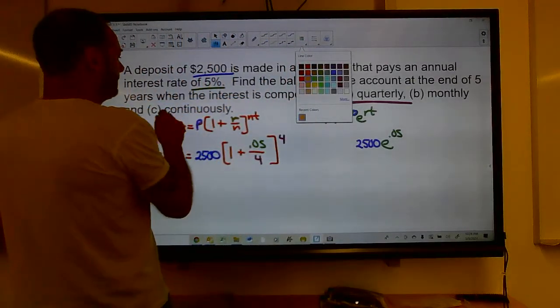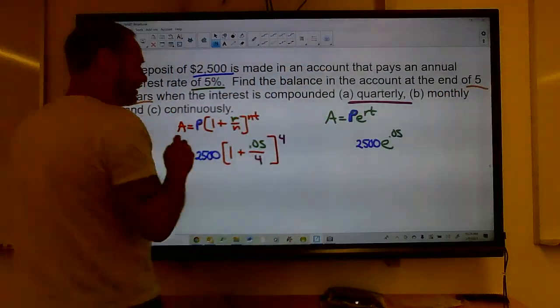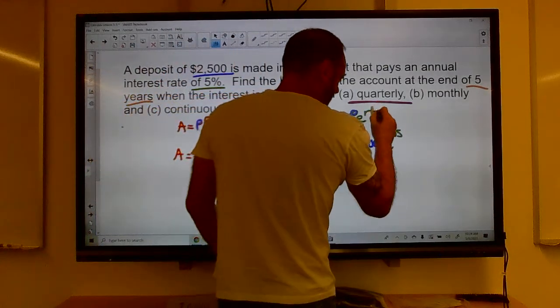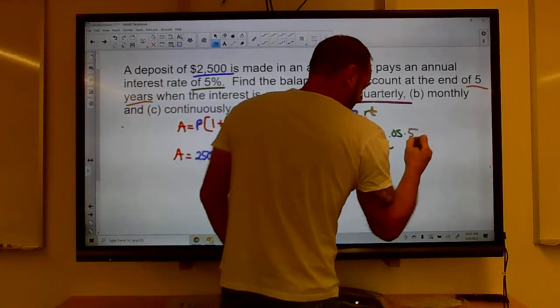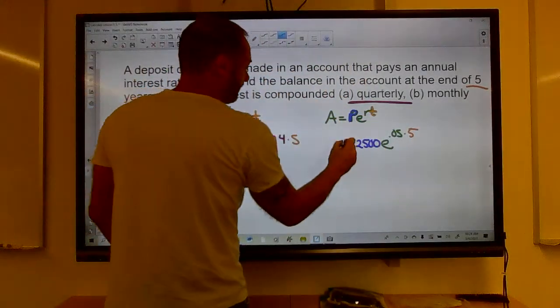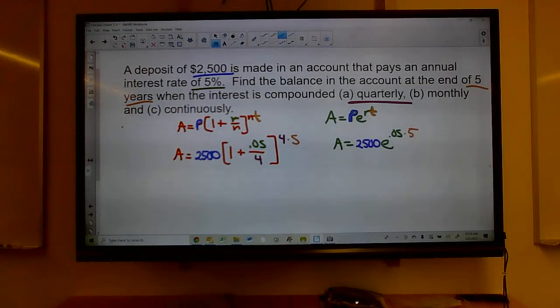Where was that? End of 5 years. Okay, so t is going to be 5 on both of these. So now I just got to figure out what these are.